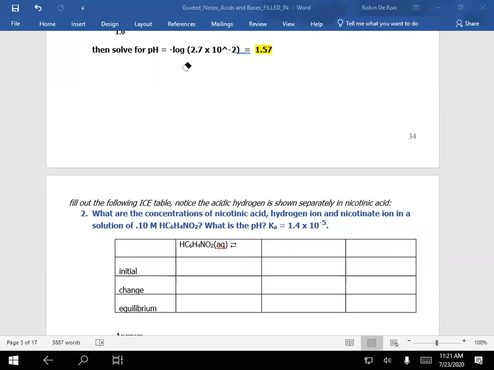Then you're going to want to draw your equilibrium arrows, and you will break up your weak acid and write your ICE: your initial, your change, your equilibrium. Then you need to fill in your table.